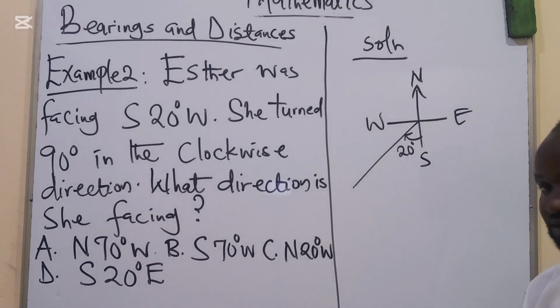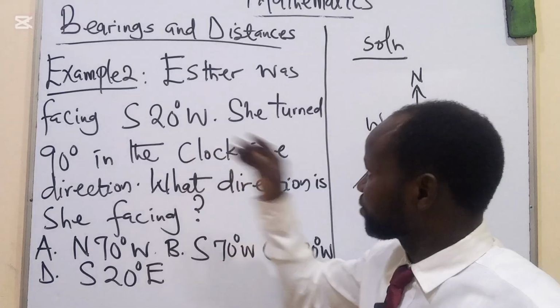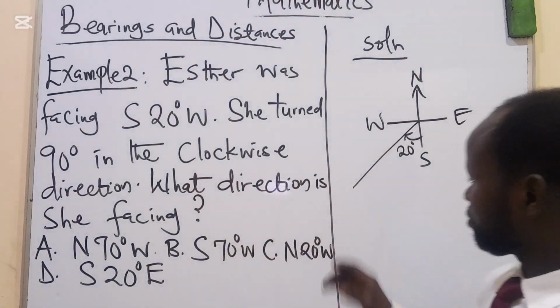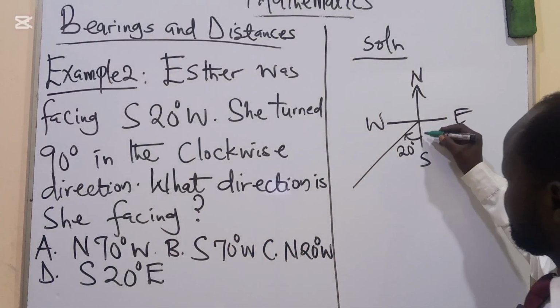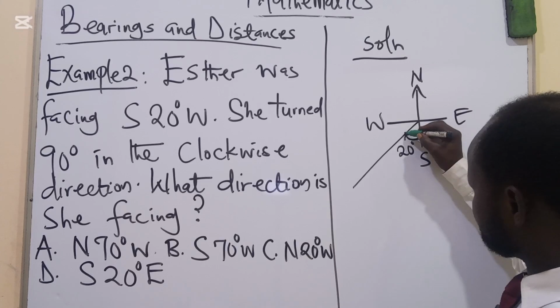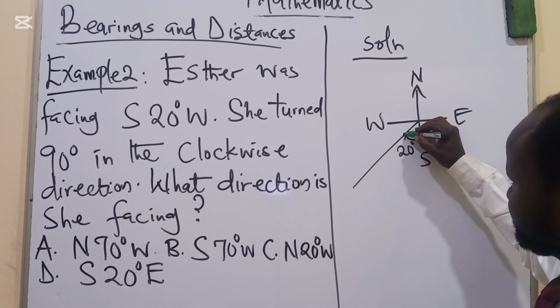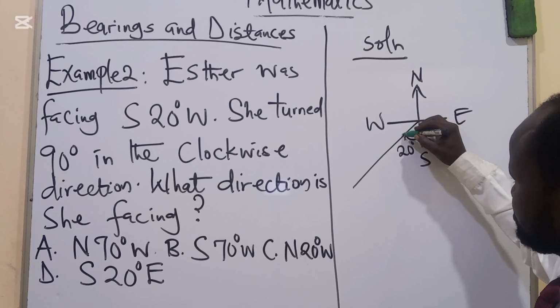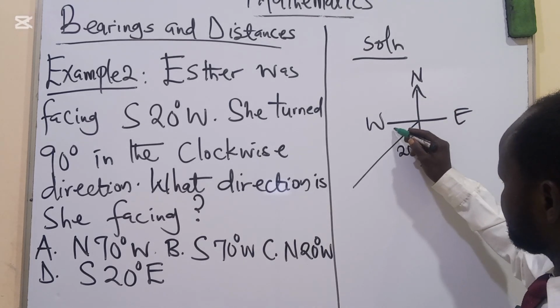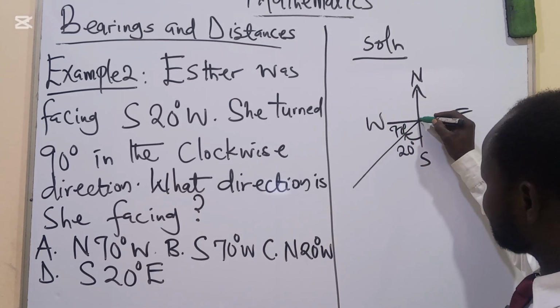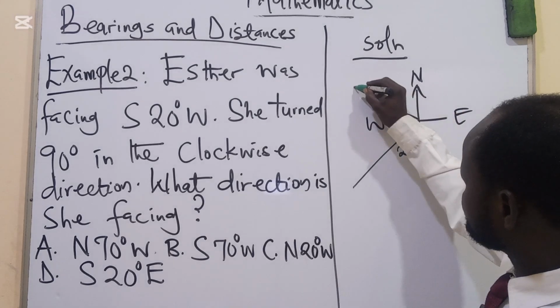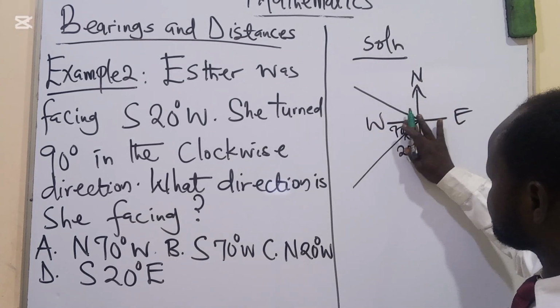She was 20 degrees southwest. She turned 90 degrees in clockwise direction. Meaning, Esther was at this point. She now turned 90 degrees in clockwise direction, meaning she moved up here. Here is 70, so we need an additional 20 here to make it 90.